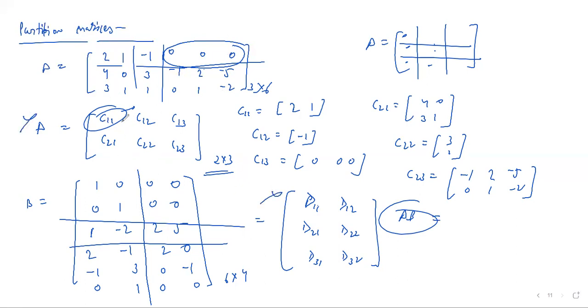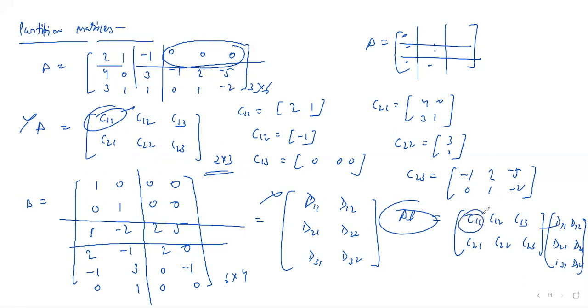Okay, that is, we are multiplying C11 for AB. We are multiplying C11, C12, C13, C21, C22, C23 into D11, D12, D21, D22, D31, D32. I am multiplying this AB like this, so I will multiply C11 by D11.